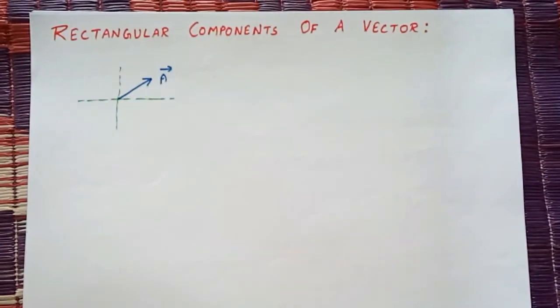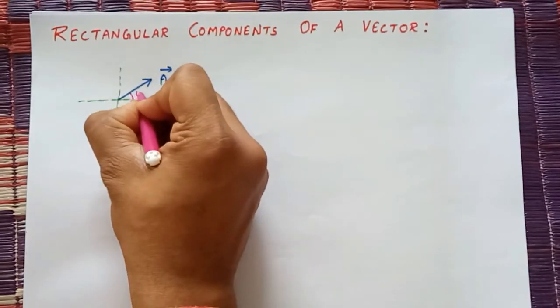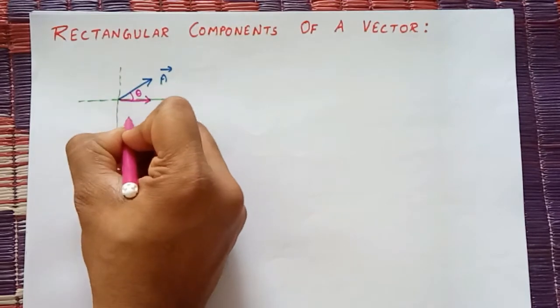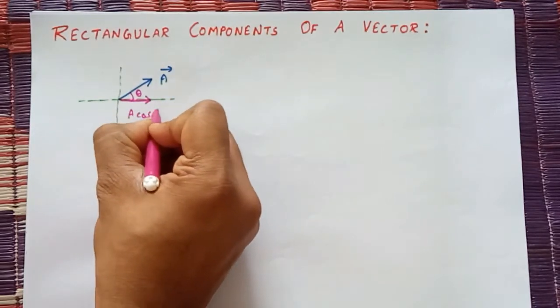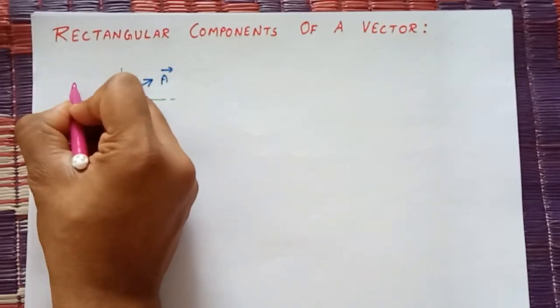Then if this angle is theta, this one will be A cos theta and this one will be A sin theta.